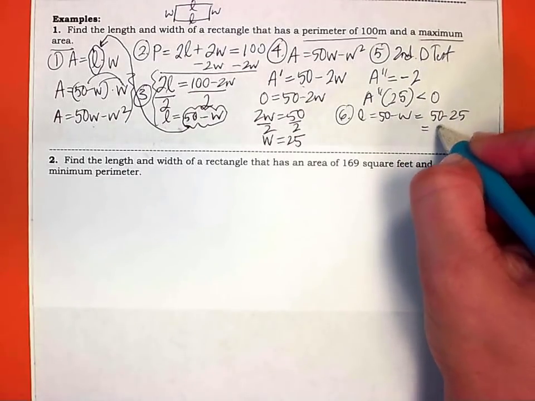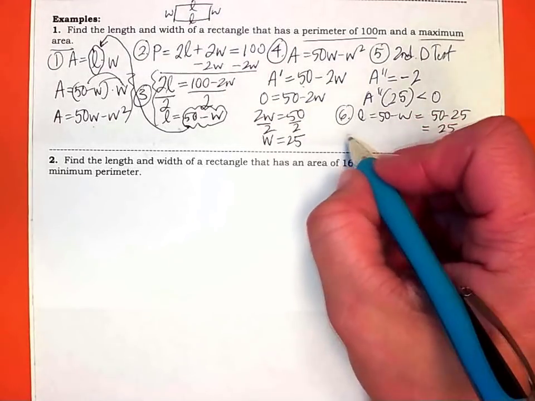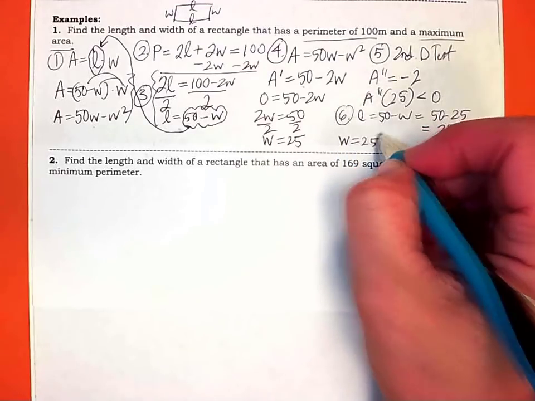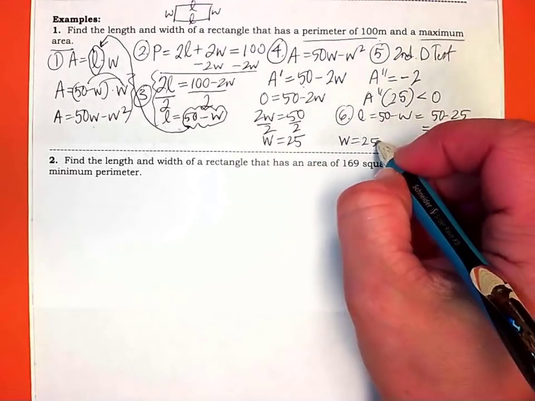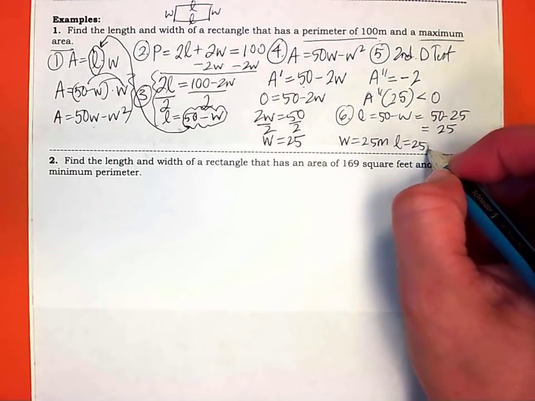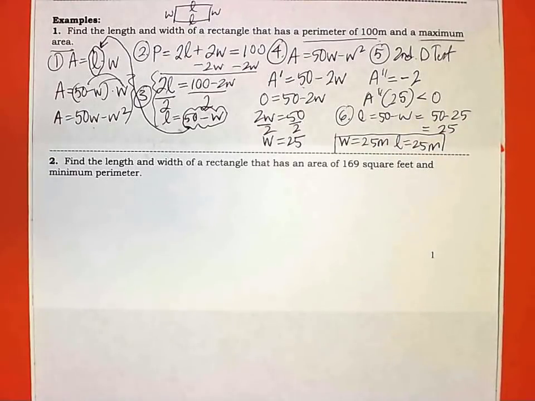And we can figure out that L, of course, is 25. So the dimensions that will maximize the area, and since perimeter was in terms of meters, I can say that the width is 25 meters and the length is also 25 meters. So those are not always going to be the same measurement. It just turned out that way in this problem.